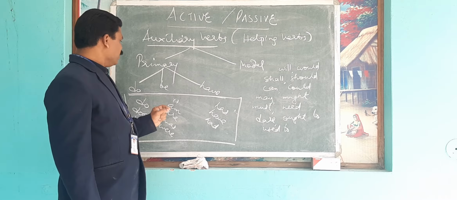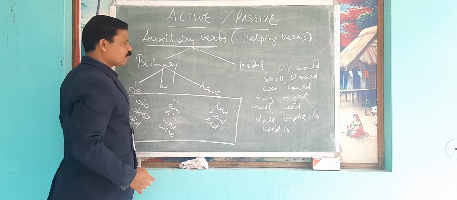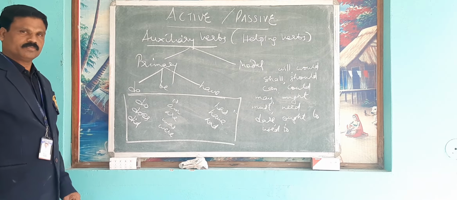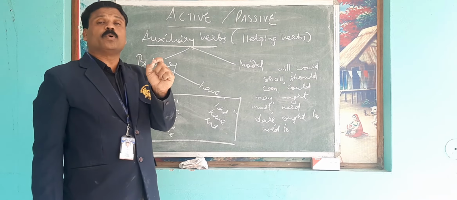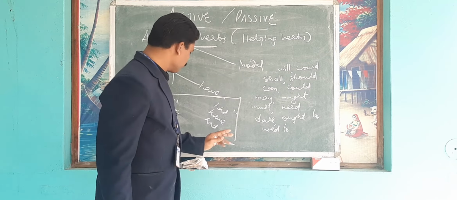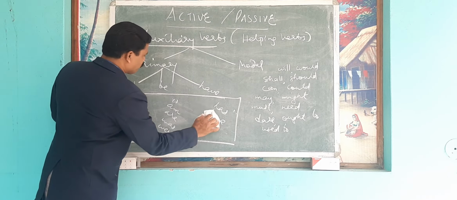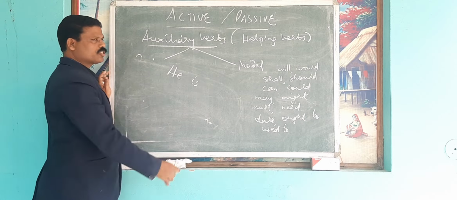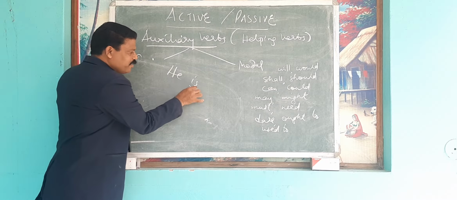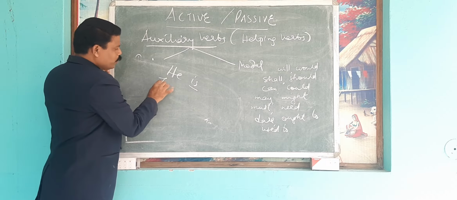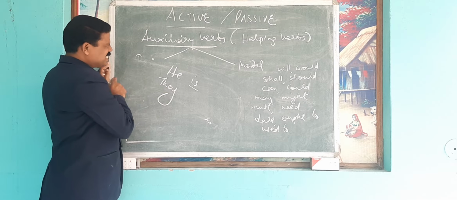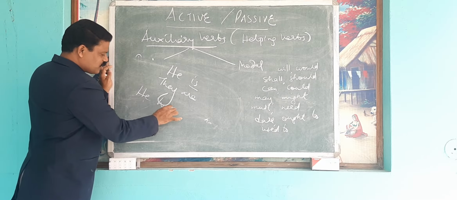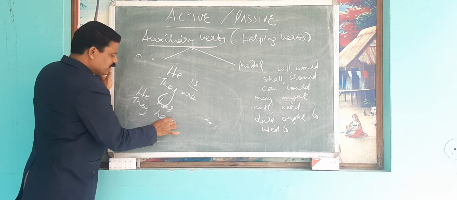So normally you will have a doubt. What is the main difference between primary and modal auxiliary verbs? There is no singular plural difference in modals. For example, he is, they are. He has, they have.